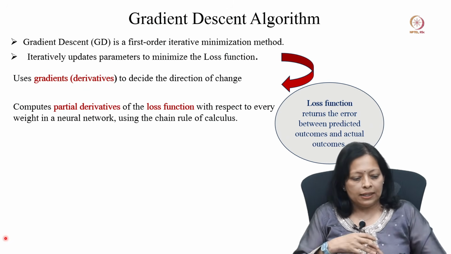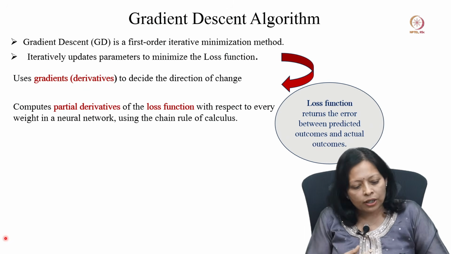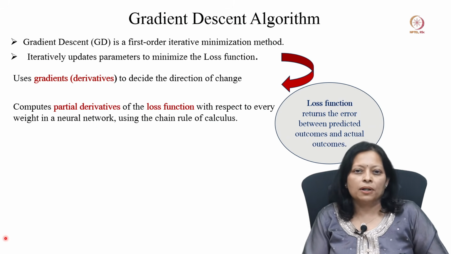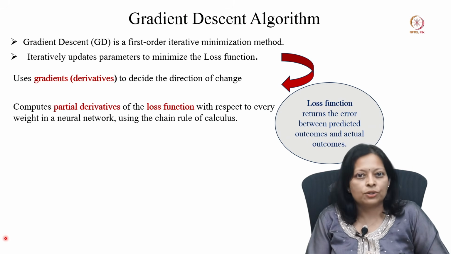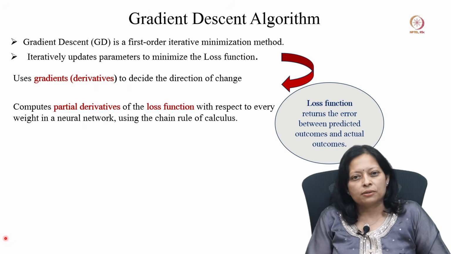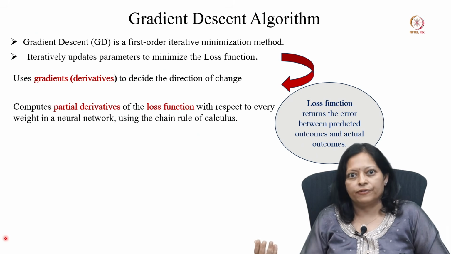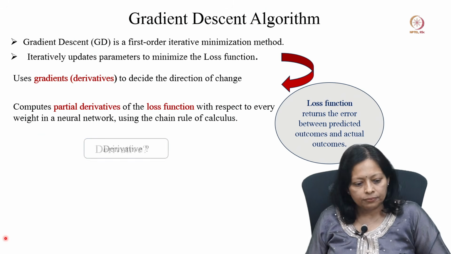Now, we will be talking about parameters in a neural network. When we talk about updating any parameter in a neural network, we mainly talk about the weights and biases, because those are the parameters which have an effect on the loss function.